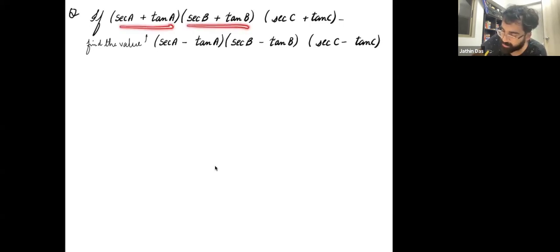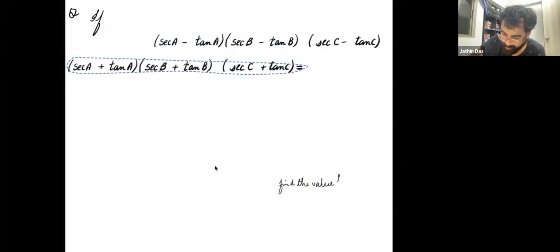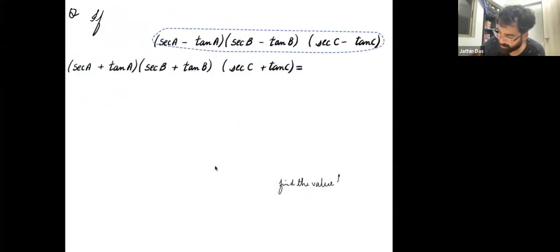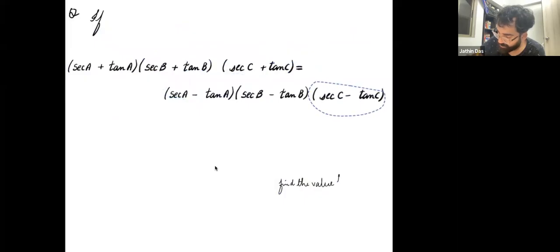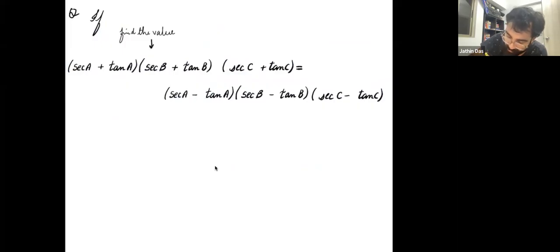This into this into this equal to A is equal to this into this. So wait, 1 second, I'll just make it clear. And I want to find the value of this quantity, the left hand side, this whole thing.